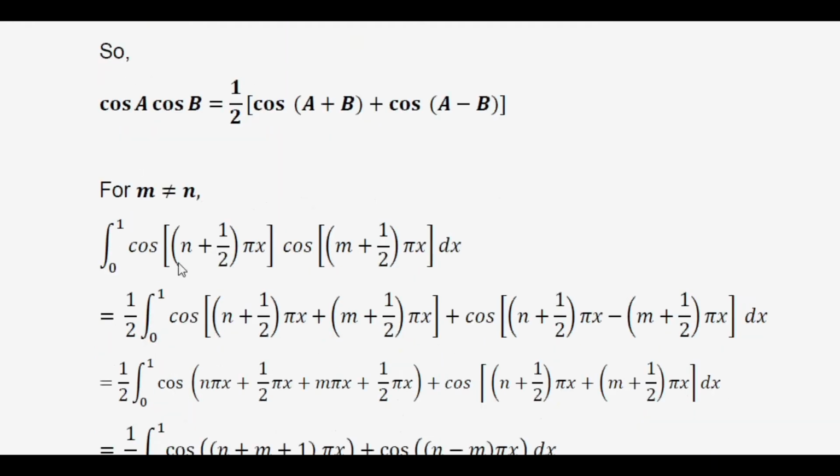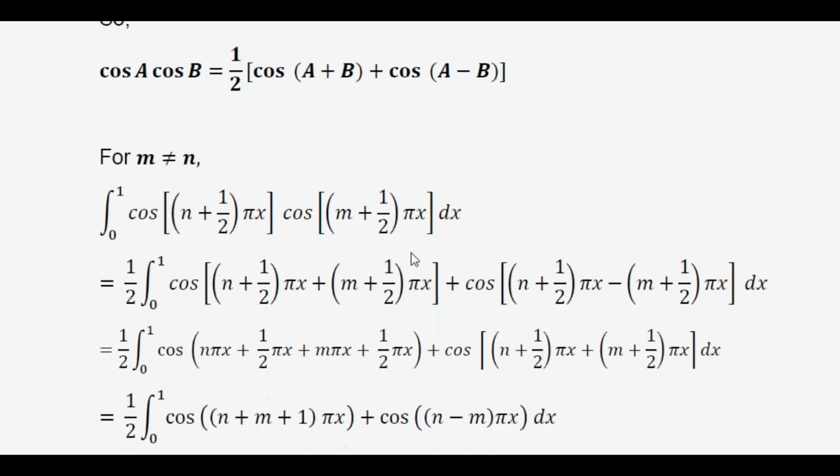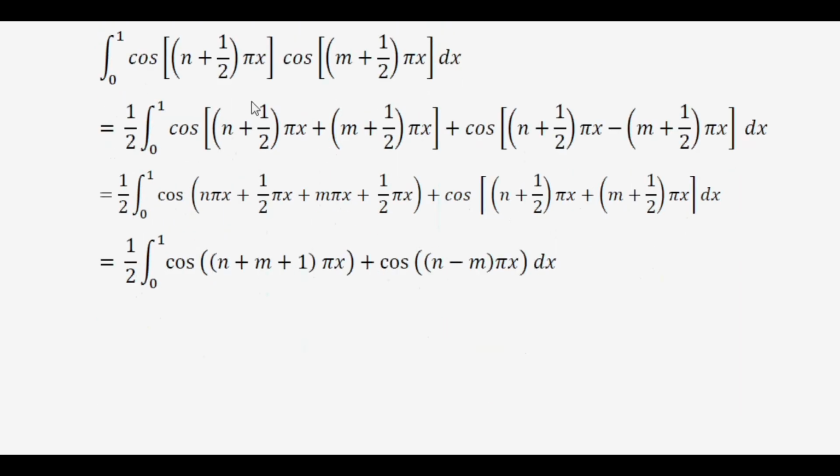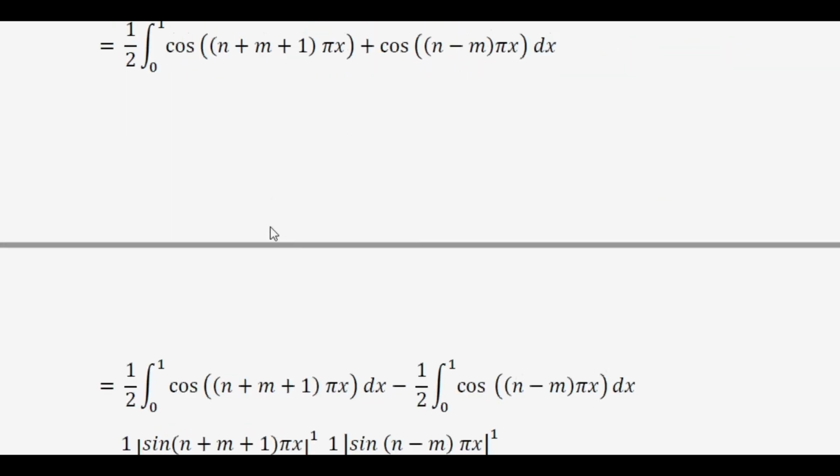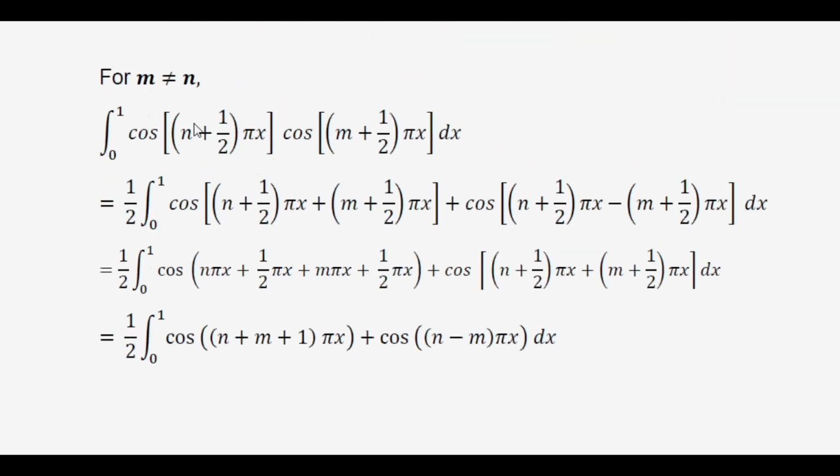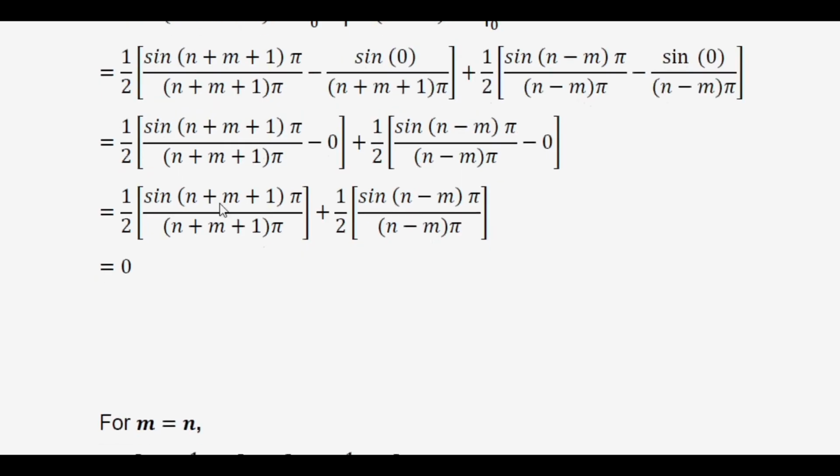So we just integrate cos((n + 1/2)πx) cos((m + 1/2)πx) dx. Okay, by solving this equation, we got 0 for m not equal to n.